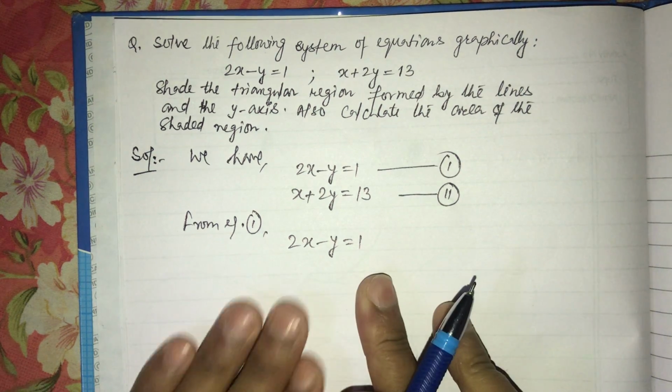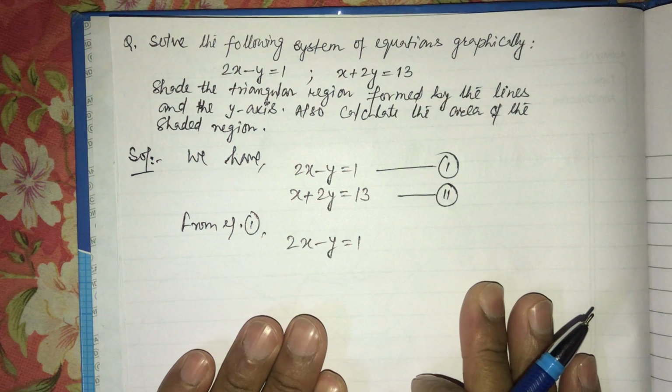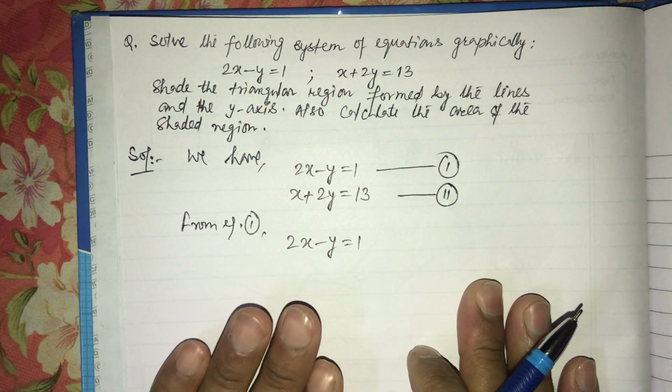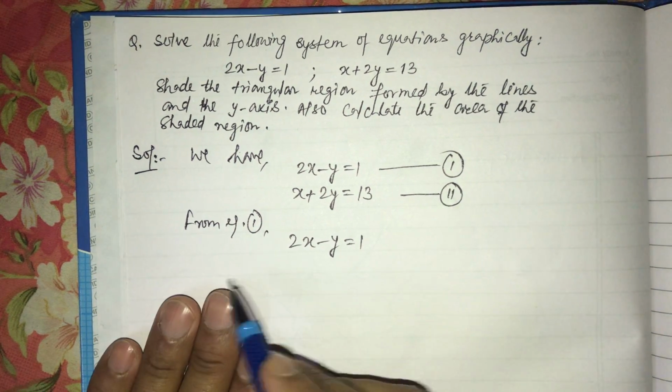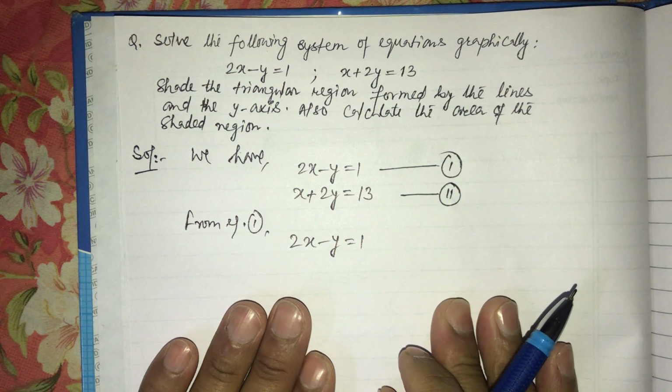I find many of you confused in this particular thing, making the table. I told in my earlier video that whenever we go for making a table or assuming values for x and y, never try to get fractional or decimal values, because fractional or decimal values may not give you the exact graph.